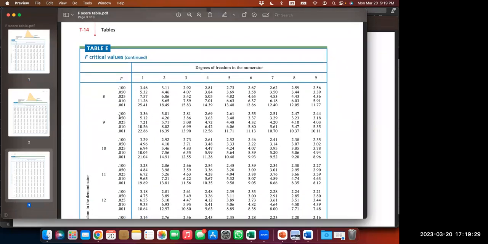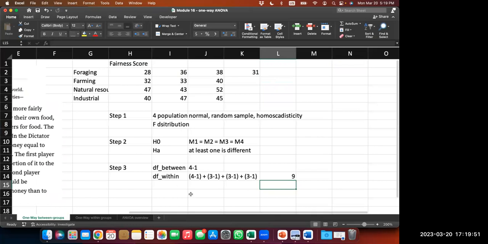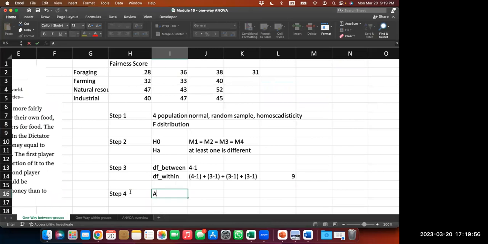We are looking for a p-value, organized by your degrees of freedom in the denominator with the respective alpha. If we go for 5%, we find a critical F of 3.86. This is our step 4: alpha of 5%, critical F of 3.86.